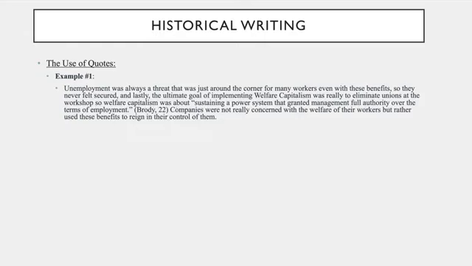We're using evidence, which is a quote, and we're integrating it smoothly with our voice. Then the second part provides the analysis about how companies are using this concept called welfare capitalism, really not to help the worker, but really just to control the terms of employment. So this is a great example of how you integrate a quote, but then also do part 4 and part 5 of the Art of Quoting assignment.